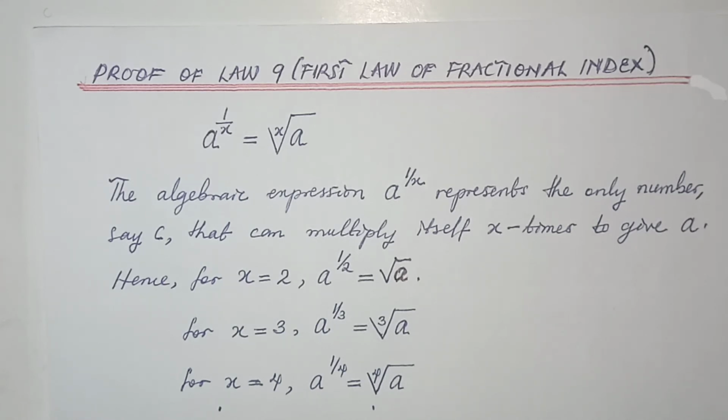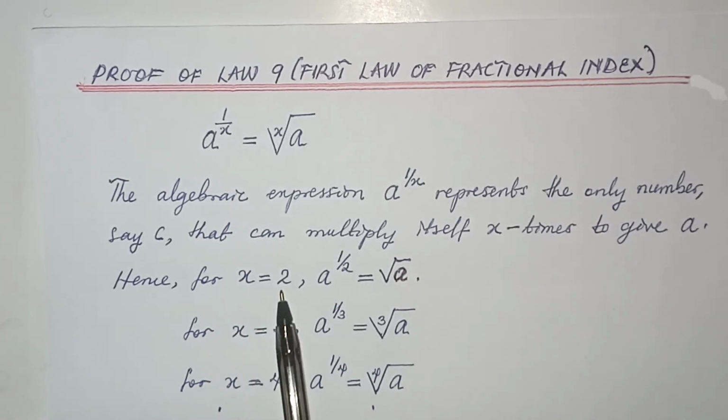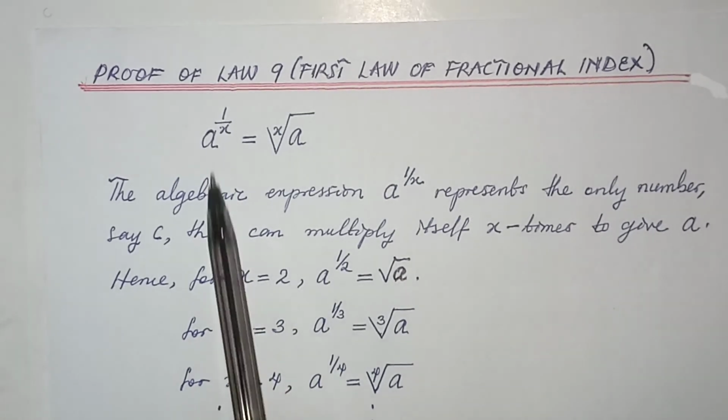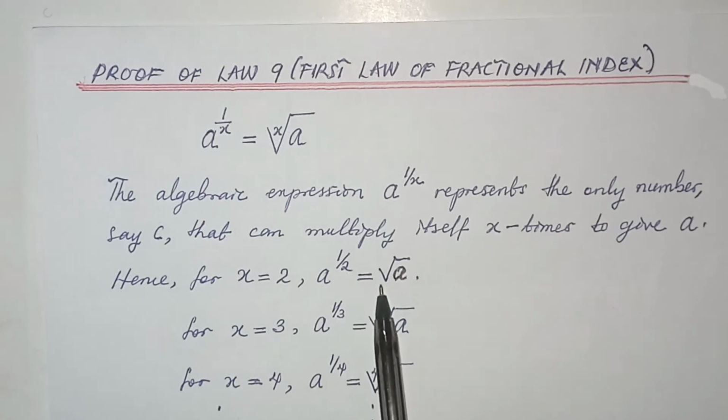It means that number c, in this case the number is 2 actually, which will multiply itself x number of times, in this case 2 times, to give 4. So what is that number you would multiply 2 times to give 4? The number is 2. Okay, so when x is 2, as we have in our notation here, then a raised to power 1 over 2 will be equal to the square root of a.